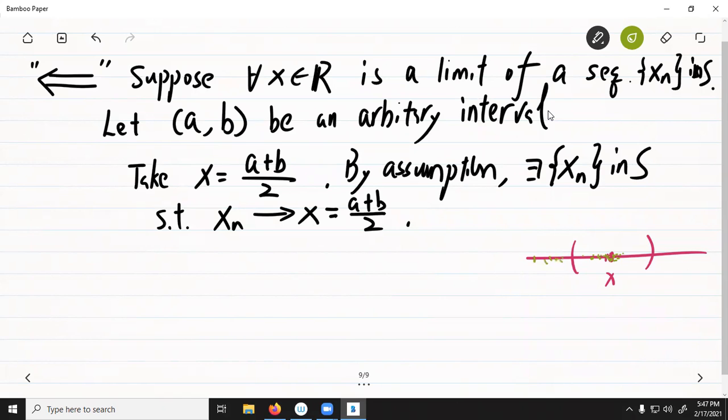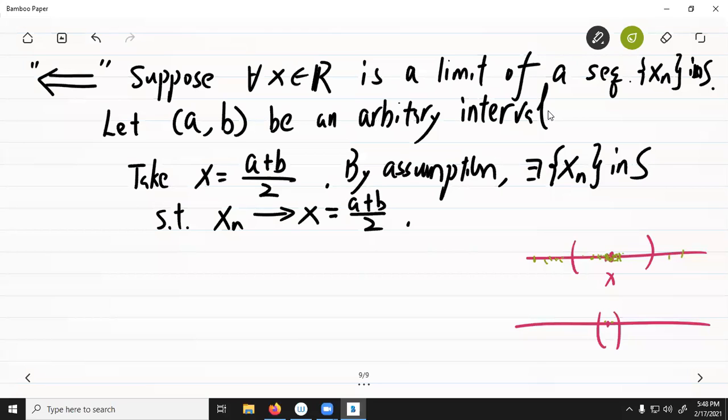But when n is large enough, it would be around this x. Otherwise, it will not converge to this x. If it's close enough, it should be inside this interval. From the graph, obviously, it should be inside. No matter how small the interval is, even a very tiny interval, we still have the middle point, and we still have points nearby.